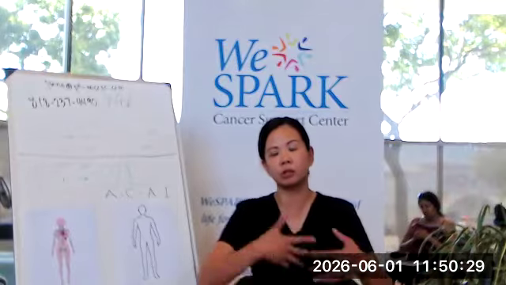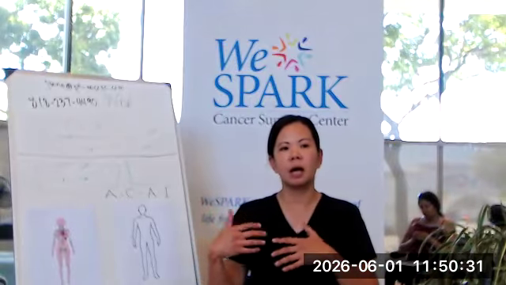Are there any precautions for individuals living with MBC who have had DVT and PE? Yes, there's definitely precautions to that. DVT is a blood clot. PE is pulmonary embolism, which is a clot that travels to your lung.